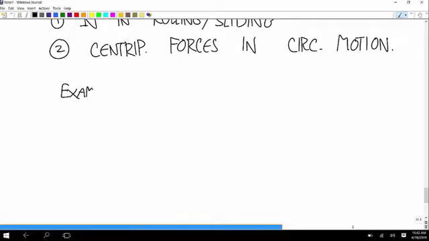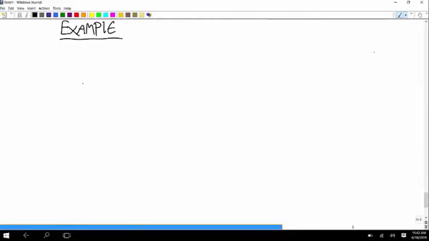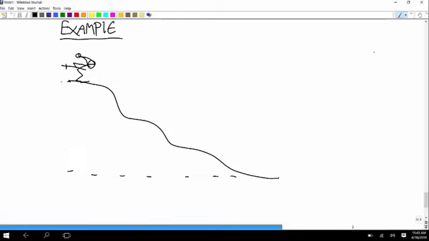So the first example, let's say that a person's at the top of a little hill on skis, getting ready to enjoy some mid-April weather. Let's say that this hill is 2 meters high, just a little bump.